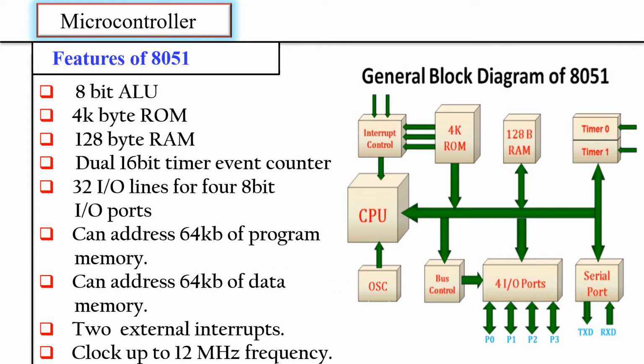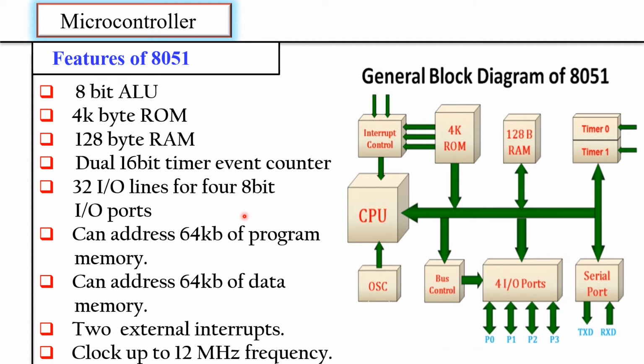So we will see some features of the 8051 microcontroller. Now the question comes in the exam for 3 marks or it may come for 4 marks. Obviously if it comes for 3 marks you have to write 6 features, and if it comes for 4 marks then you have to explain at least 8 features.